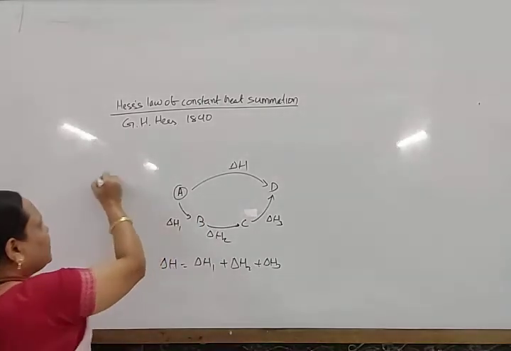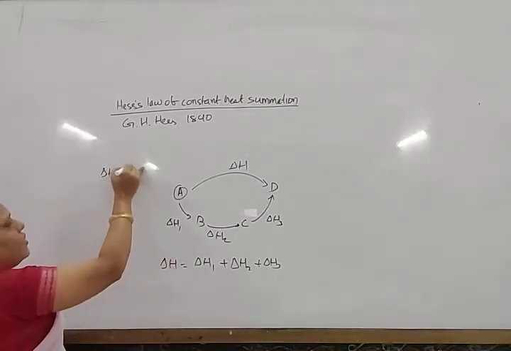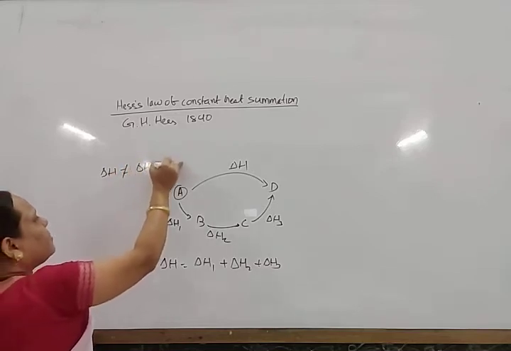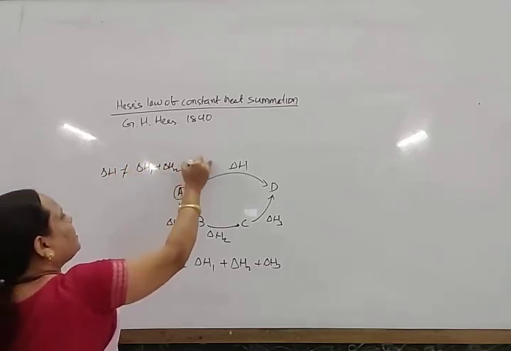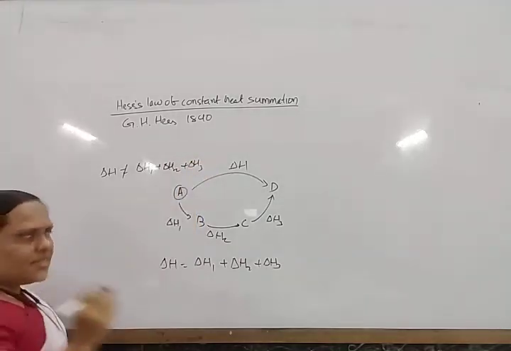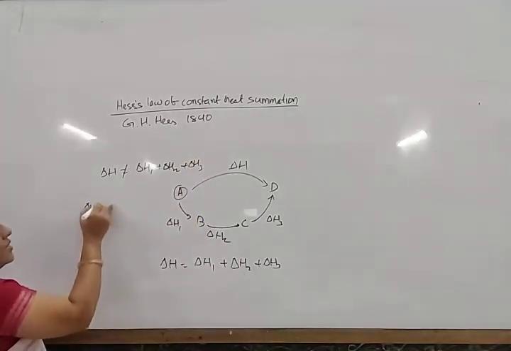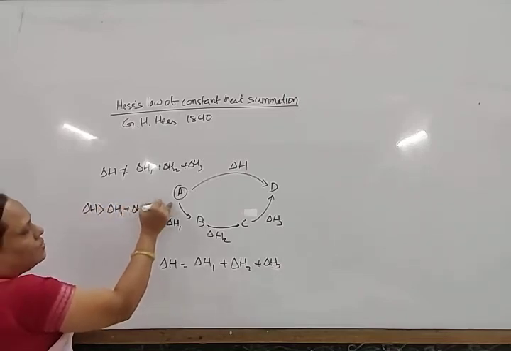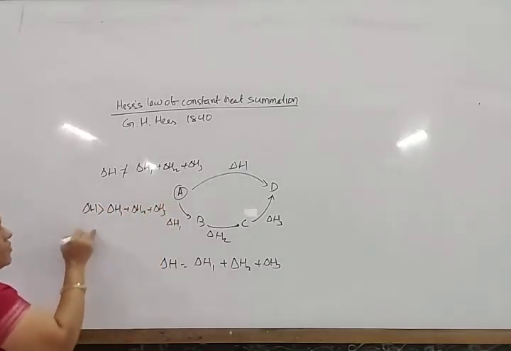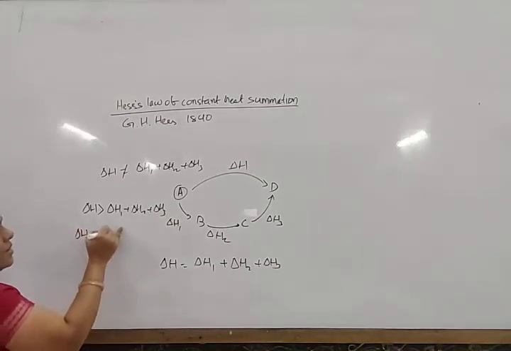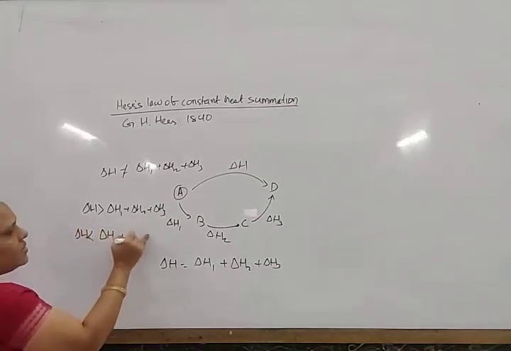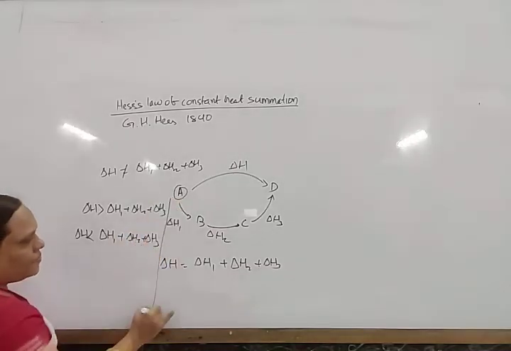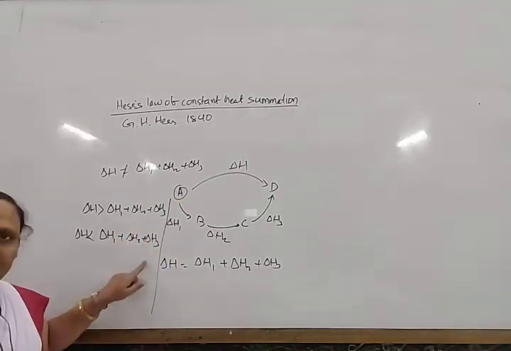If del H is not equal to del H1 plus del H2 plus del H3, then two cases are there: either del H is greater than the sum del H1 plus del H2 plus del H3, or del H is less than del H1 plus del H2 plus del H3. So two cases may appear.